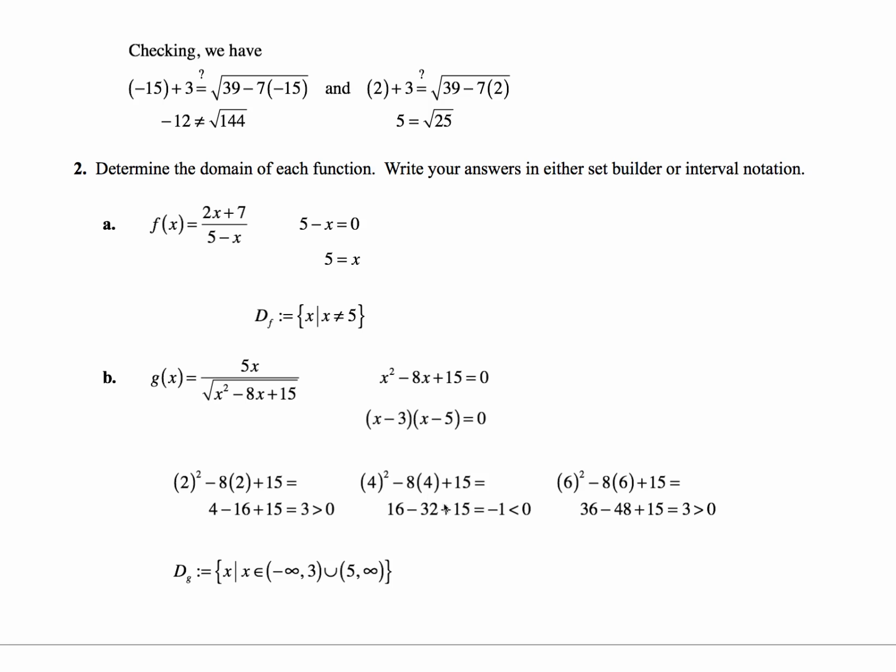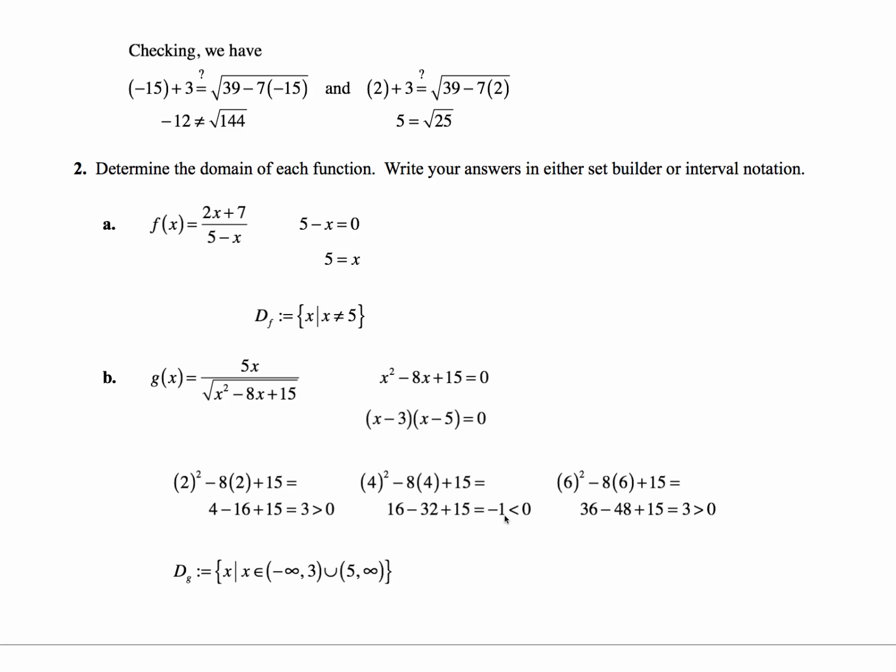Now, in between, you can choose any value between 3 and 5, and 4 seemed like the most reasonable because it involves the easiest multiplications. So I substitute 4 in here. 4 squared is 16. 8 times 4 is 32. So 16 minus 32 plus 15 is negative 1.